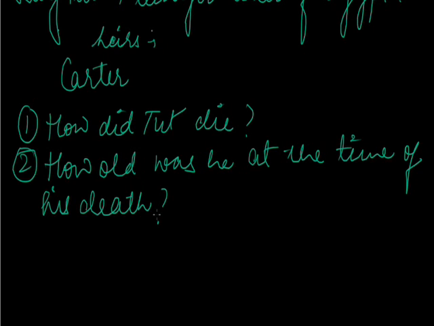Tut was the last of his family, so his death was very important. His father, Amenhotep III, was a powerful pharaoh. He was succeeded by his son Amenhotep IV, who started one of the strongest periods in the history of ancient Egypt. The new pharaoh promoted the worship of Aten, the sun disk, and changed his name to Akhenaten, the servant of Aten.